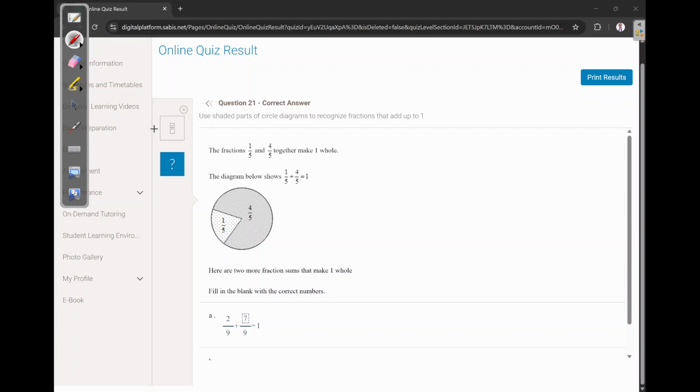The fractions 1 over 5 and 4 over 5 together make 1 whole. The diagram below shows 1 plus 4 equals 1 whole because they make 5 over 5, so we just make a 1 whole.